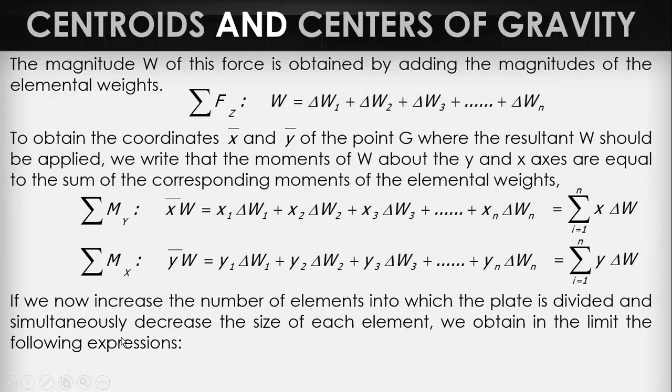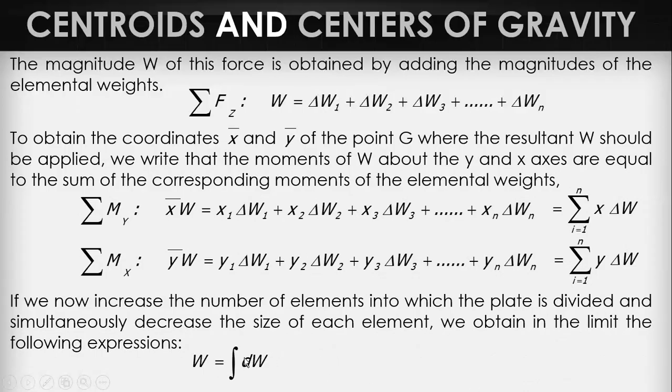So, if we now increase the number of elements into which the plate is divided, the size of the elements decreases. If you subdivide it further, the number of elements increases, but the size decreases. We obtain in the limit as the size approaches 0, it's too small, the following expressions.